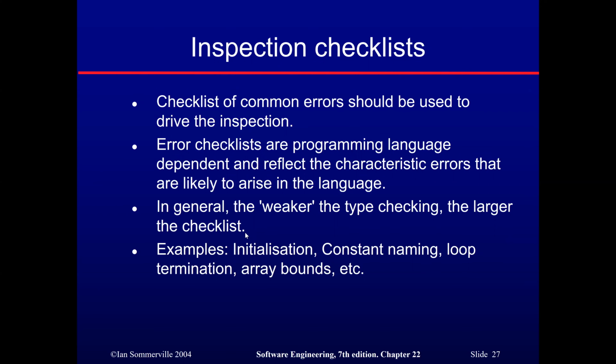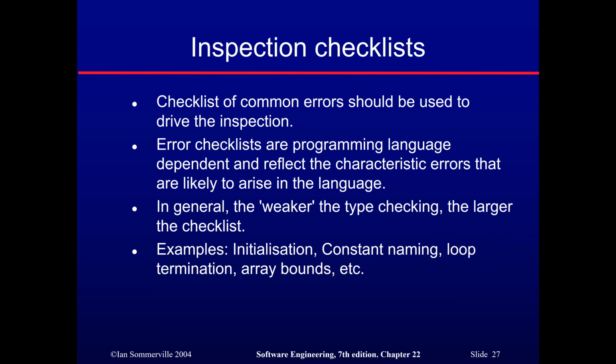So what that means is the weaker, okay, the less effective your compiler is, the fewer errors your compiler checks, the larger becomes the checklist for the inspector.